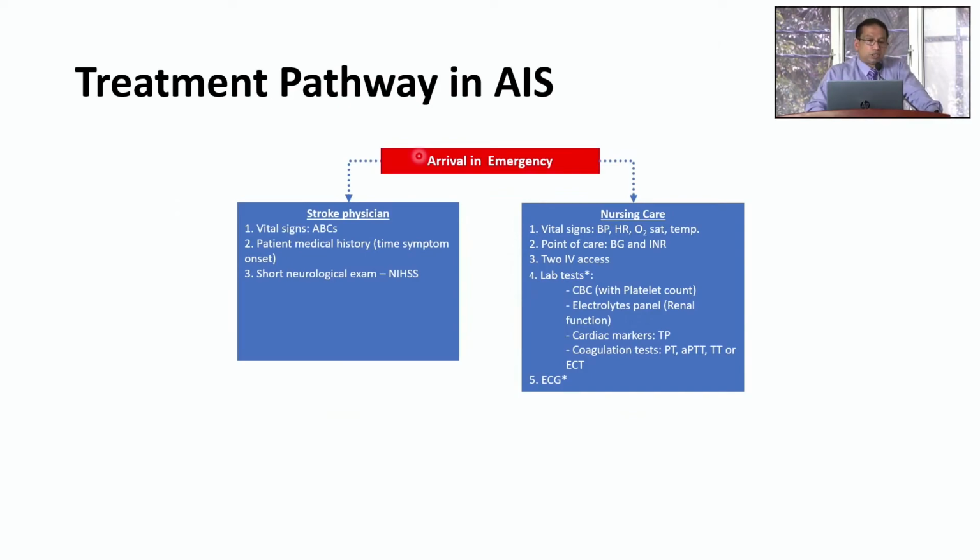So if you take the pathway in the treatment of acute ischemic stroke from the time of arrival in the emergency, there are 2 parallel pathways, so you should initiate both. That will save you time.